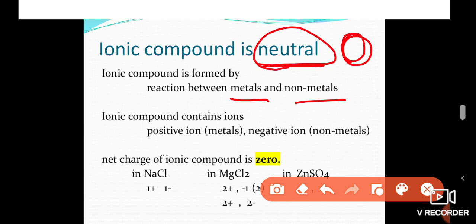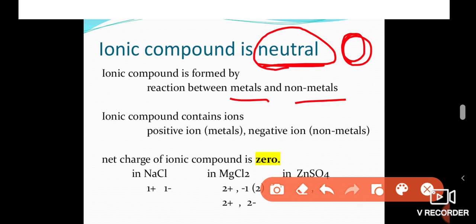For example, we know that an ionic compound is formed between metals and non-metals. Metals are of what kind of nature? Positive nature. All metals readily donate their valence electrons to form positive ions, isn't it? We studied this in previous classes, 8th standard also. Metals are electropositive in nature. Non-metals readily accept electrons to form negative ions.